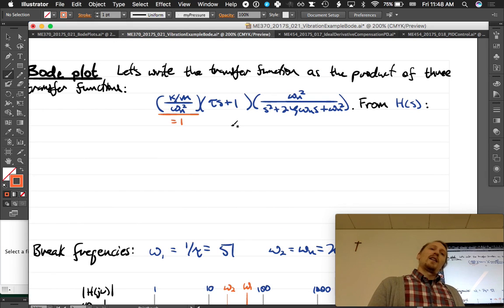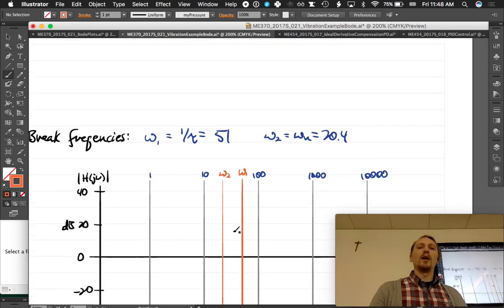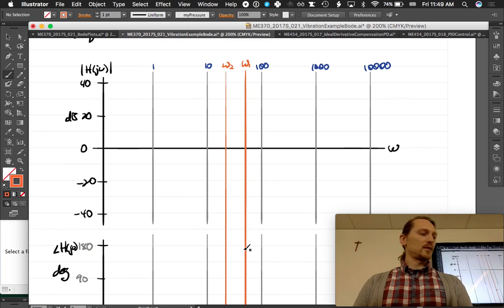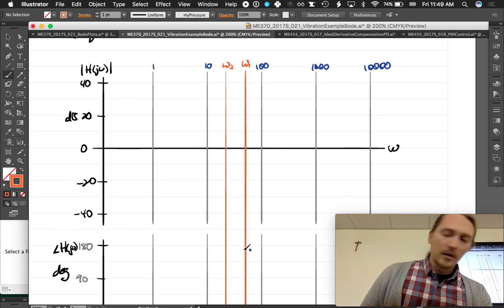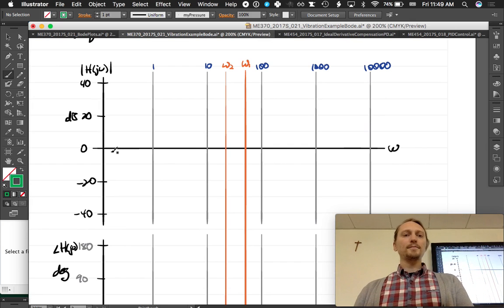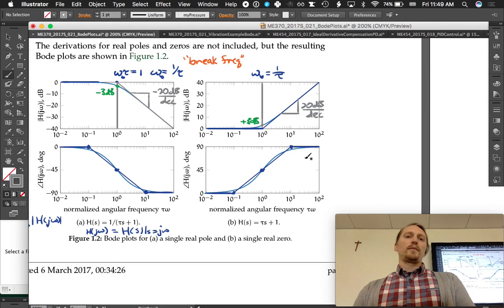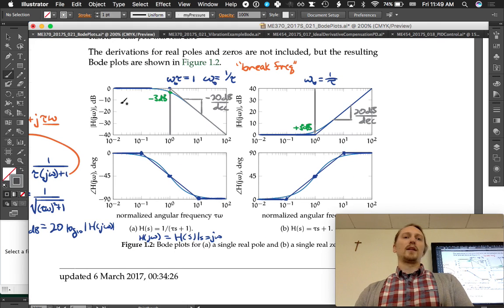So we have tau s plus 1. Let's do that one first. Our break frequency is 51, so that happens out here. I just drew in omega 1 equal 51. That's our break frequency. What is the magnitude below the break frequency in our straight line approximation? I will use green for this one. We're looking at this situation here, right?